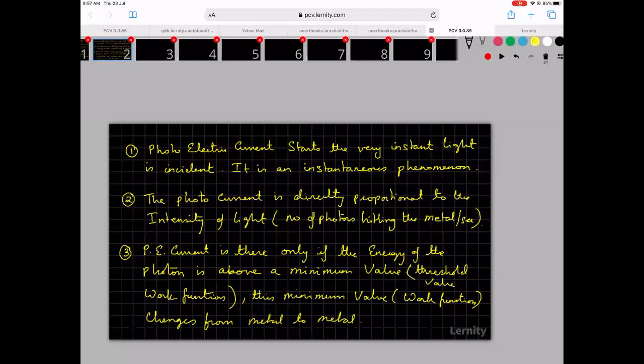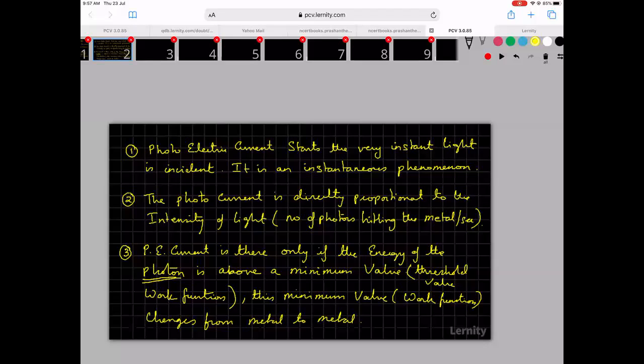We have chosen cesium because it is amongst those which has the least work function. So only when the incident photon has energy above a particular value, photoelectric current is seen. If it is below a particular value, photoelectric current is not seen. I will explain better.